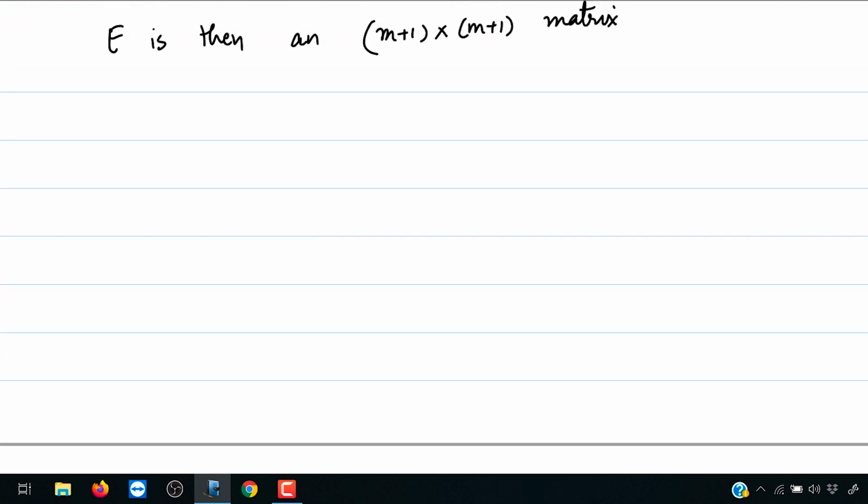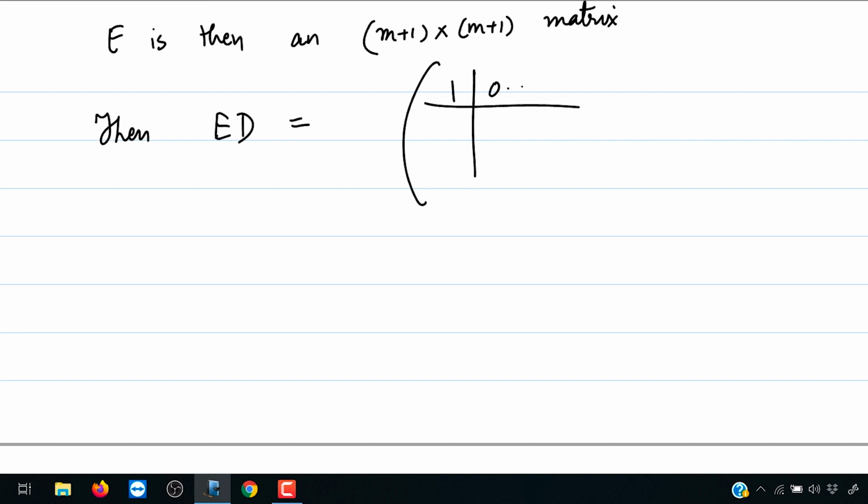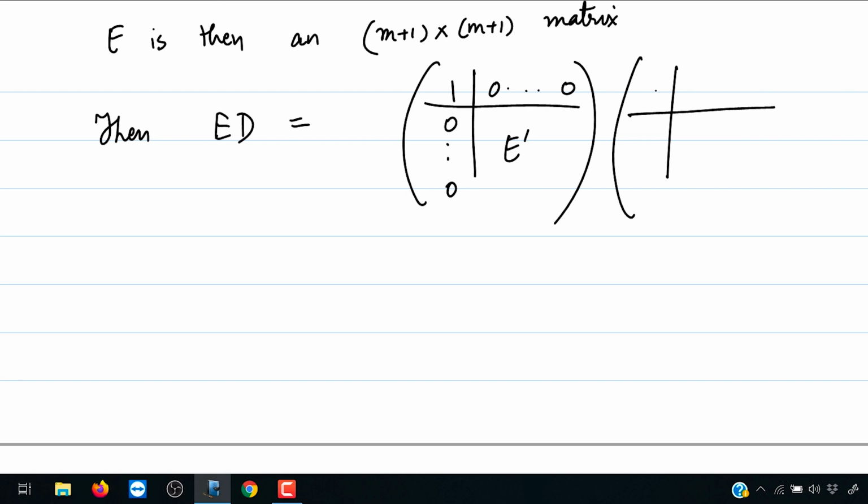And let's try to see what E times D is. Let me just write down in figures what this is. This is 1 and zeros here in the first row and first column, and then there is an E prime here, and then D has a 1 and zeros here, and there will be a D prime.